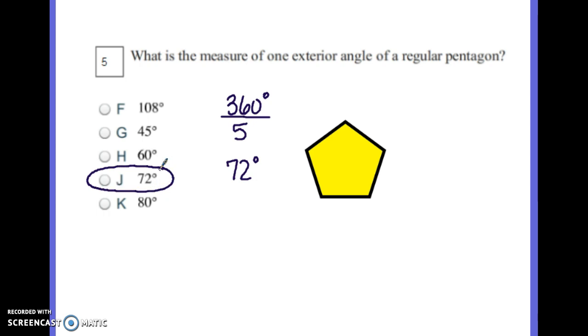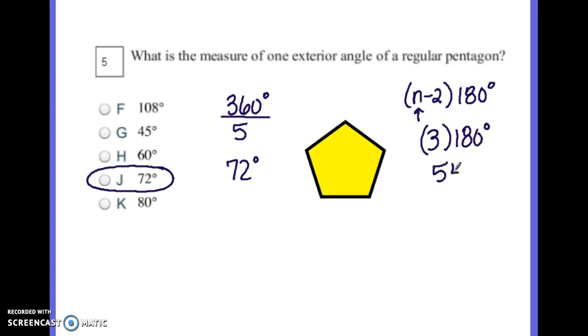Many of you may not remember that fact, but a lot of you will remember that you can find the sum of the interior angles by saying n minus 2 times 180. So if n is the number of sides, that will be 5 minus 2 times 180. So 3 times 180, or 540 degrees.